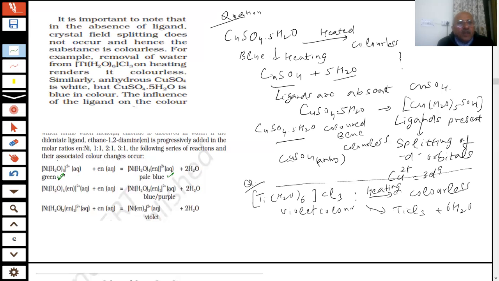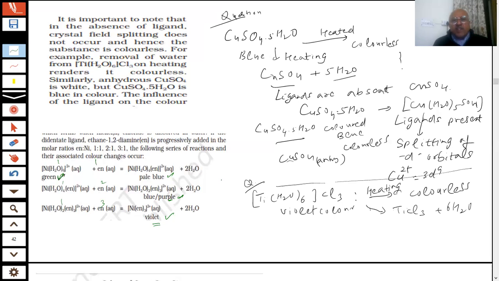With 2 en, the color is changing from pale blue to purple. You add another en, this is 3:1, then it becomes violet in color.